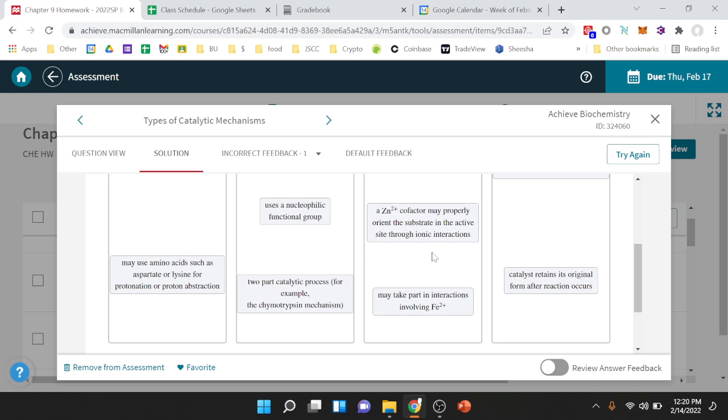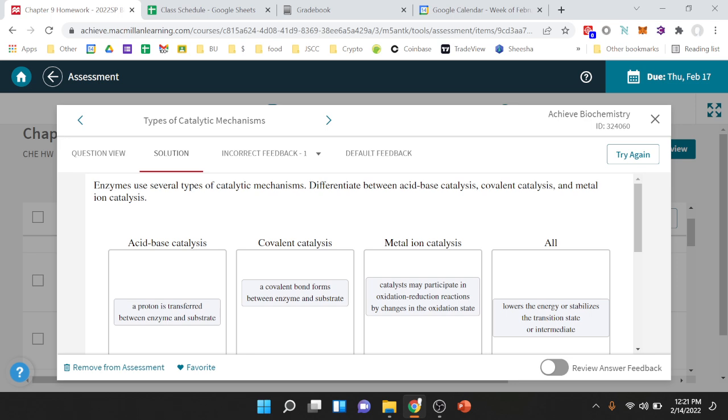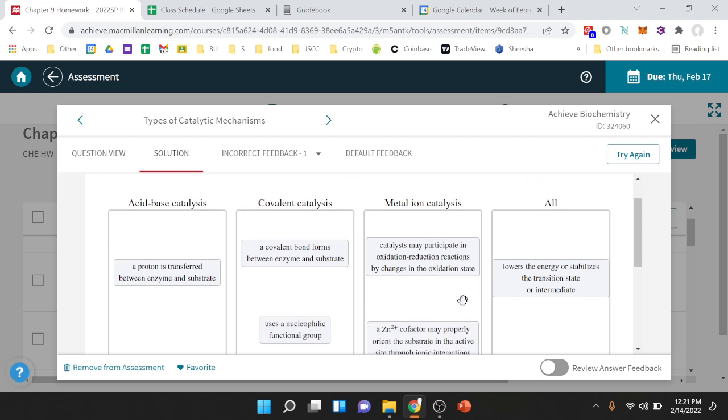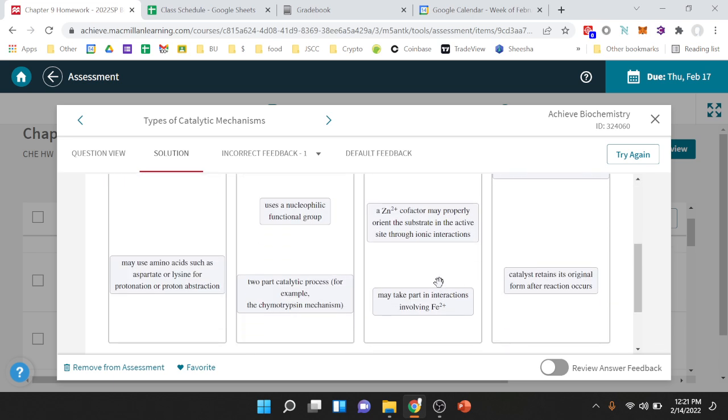So a zinc 2+ cofactor may properly orient the substrate in the active site through ionic interactions. Hopefully this one almost goes unexplained, right? Zinc 2+ is a metal ion, right? So that has to be a metal ion. I know, right?